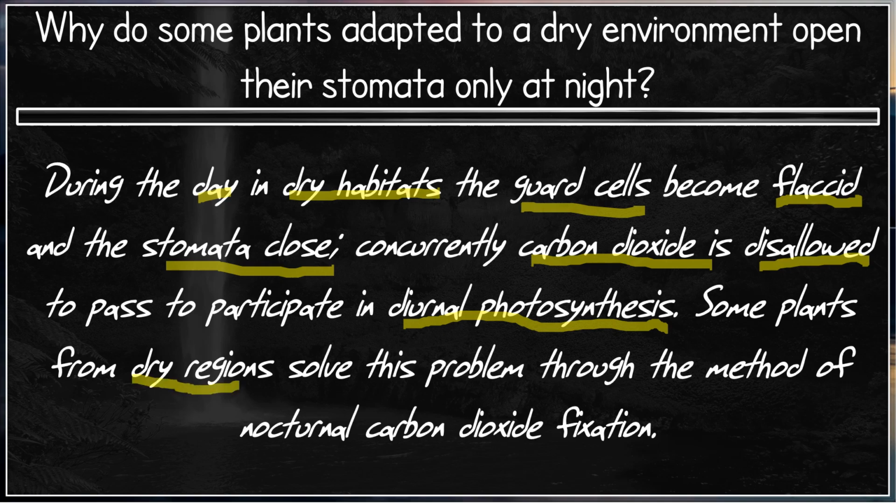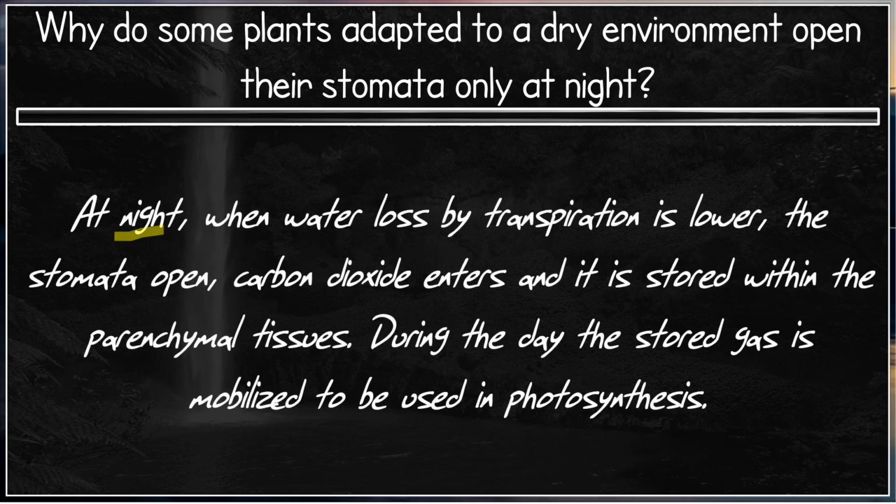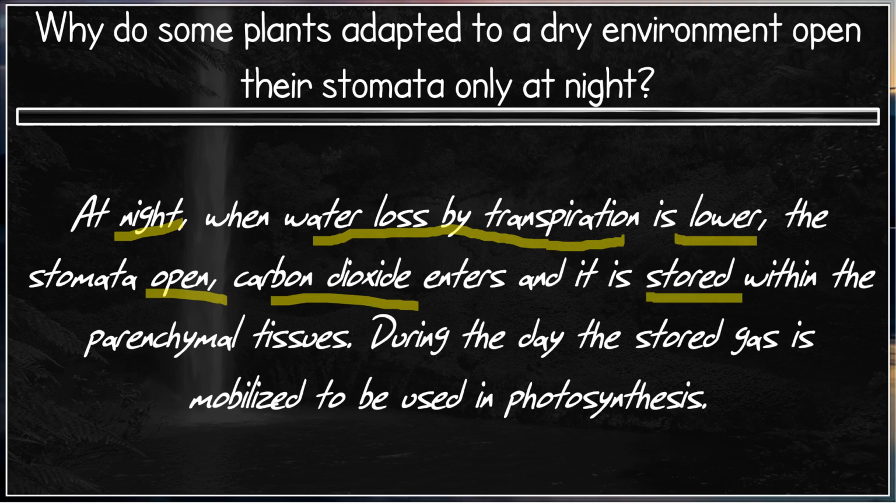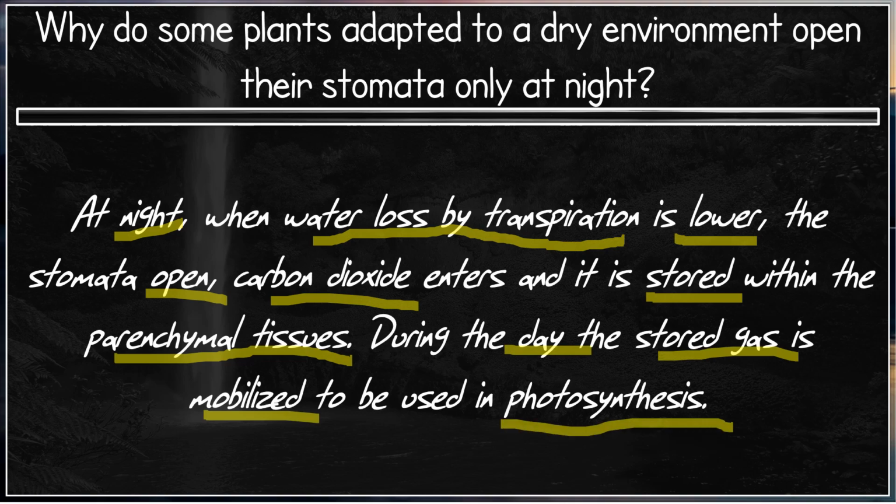Some plants from dry regions solve this problem through nocturnal carbon dioxide fixation. At night, when the water loss by transpiration is lower, the stomata open. Carbon dioxide enters and is stored within the parenchyma tissue. During the day, the stored gas is mobilized to be used in photosynthesis.